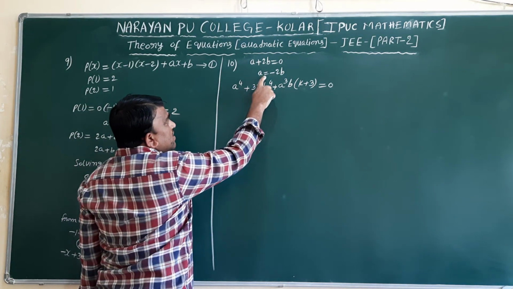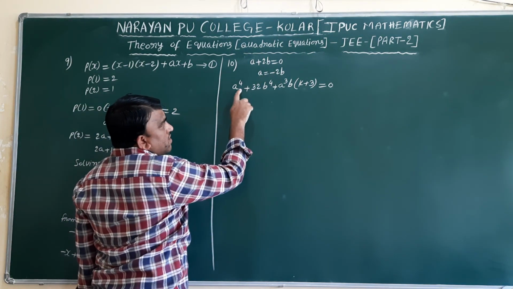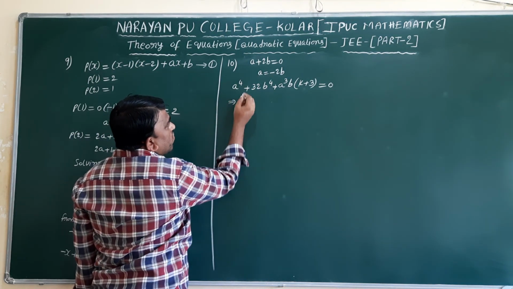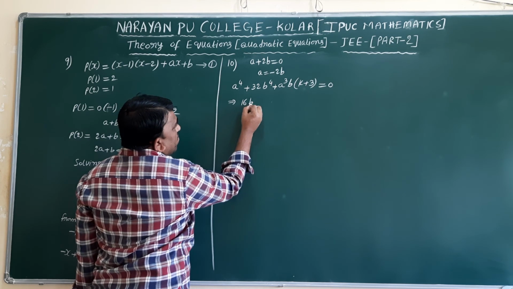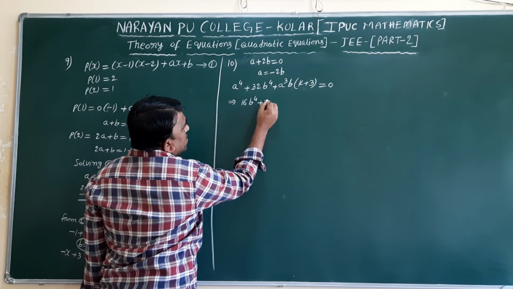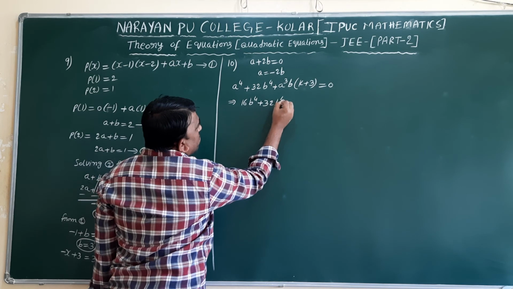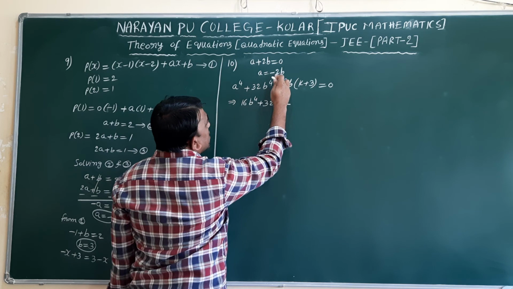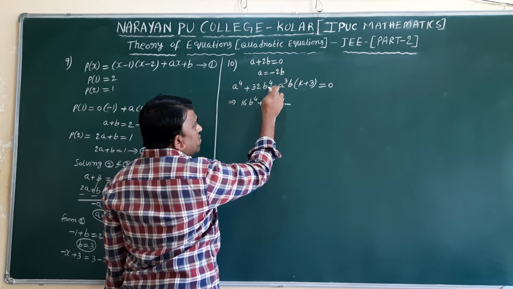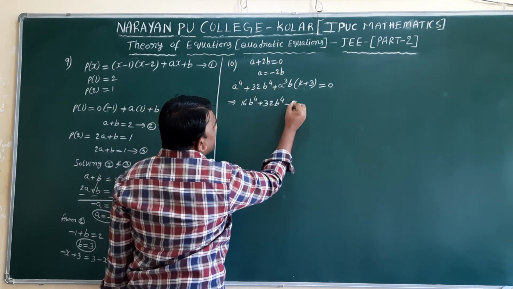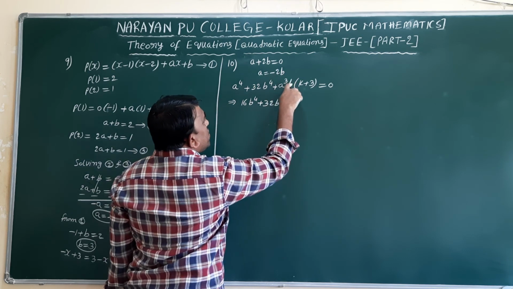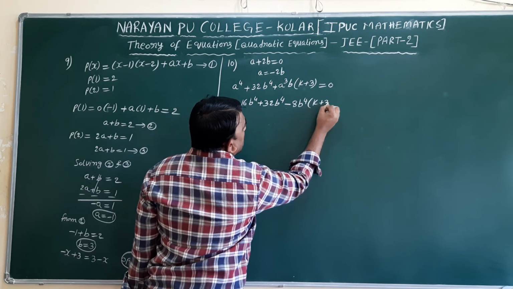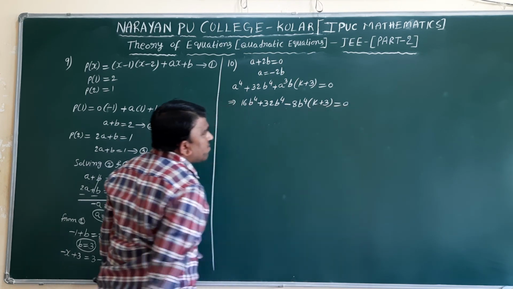So wherever a is there, substitute minus 2b in this equation. Minus 2b whole power 4, minus 2 whole power 4 is 16, b power 4, plus 32 b power 4, minus 2b whole cube is minus only, 2 cube is 8, b cube into b power 4 into k plus 3 is equal to 0.